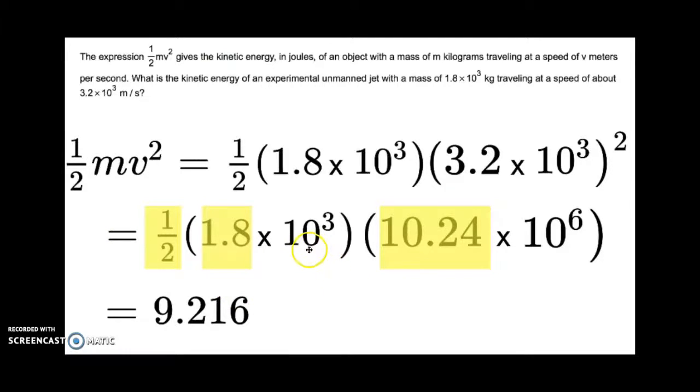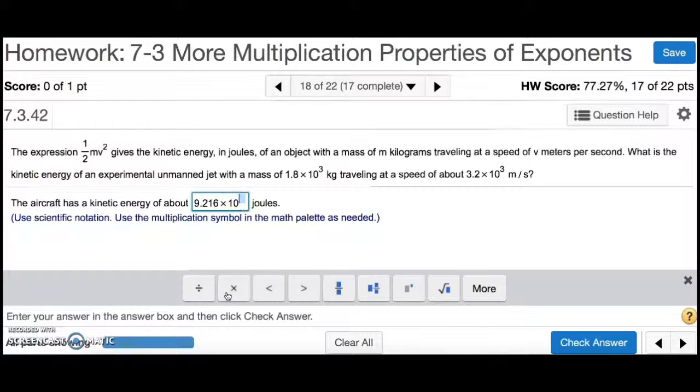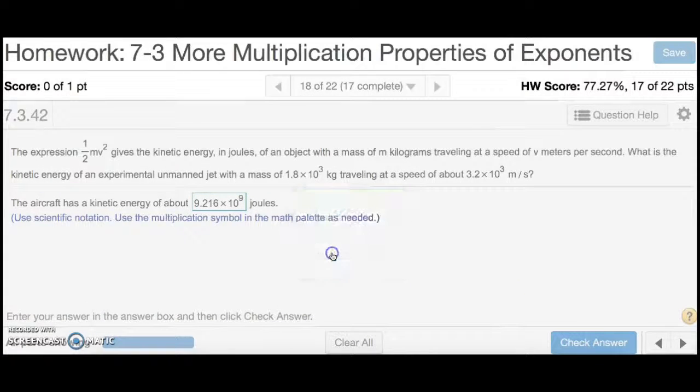Multiplying the tens together, 10 to the third times 10 to the sixth, you add the exponents, 3 plus 6 is 9, so I'll have 10 to the 9. Luckily, my answer is already in scientific notation, so all I have to do is type it in. So I'm going to type in 9.216 times 10 to the 9th power. And that's number 18.